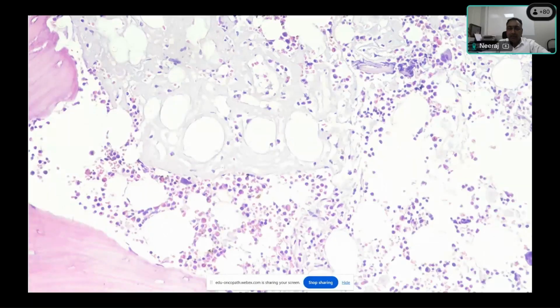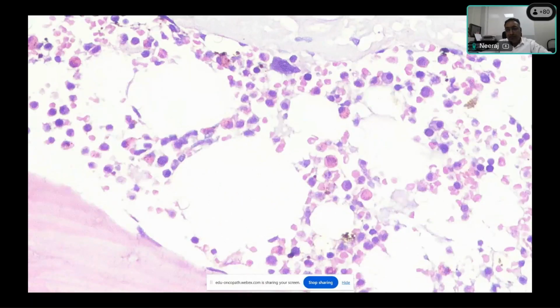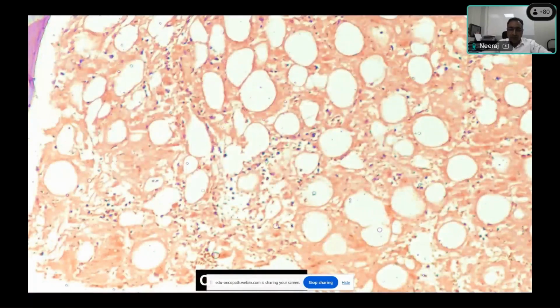On the aspirate, and when we look at the bone marrow biopsy, you see some amorphous material lying in the bone marrow biopsy specimen. And this is very important: whenever we are dealing with any plasma cell neoplasm, it is always important to look carefully for any amorphous material or any thickened blood vessels in the H&E stain that we do. So this biopsy showed plasma cells and this pinkish amorphous material.